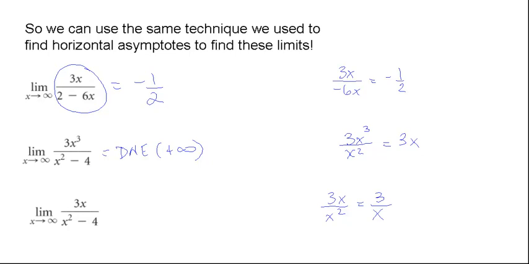Okay, we said when we were analyzing horizontal asymptotes that if you ended up with a number over x, or you ended up with a variable in the denominator, then the horizontal asymptote was 0, right? It was the x-axis. And we can see that as x gets very, very large, 3 over that very, very large number is going to get smaller and smaller. So again, you could analyze this numerically and see that 3x over x squared minus 4, as x gets very, very large, is going to get smaller and smaller and smaller, and in fact, it's going to approach 0.